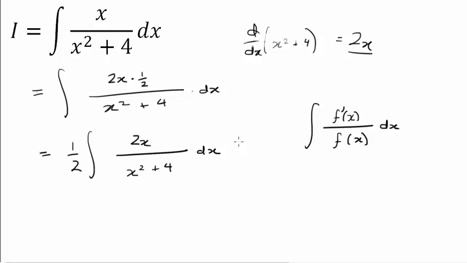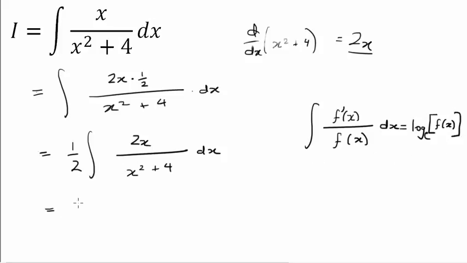You can see that the f prime of x is 2x, and the original function f of x is in the denominator. So when we have an integral like this, this is equivalent to the natural log of whatever function is in the denominator. Okay, so that's what it equals.